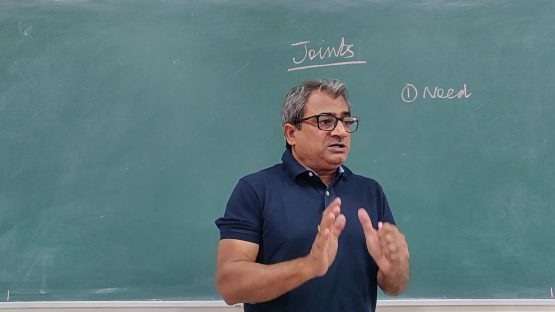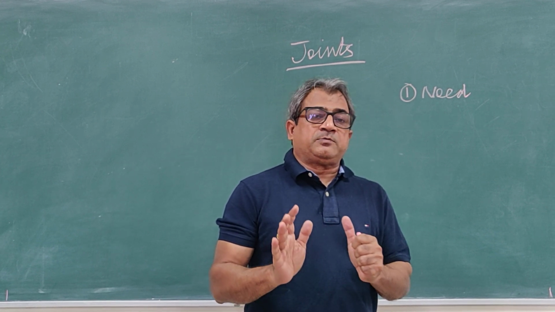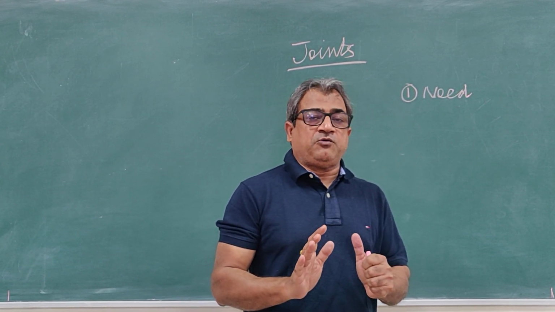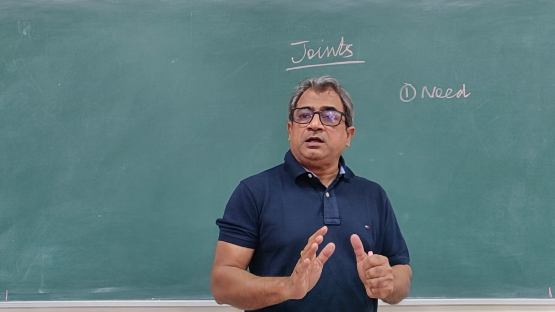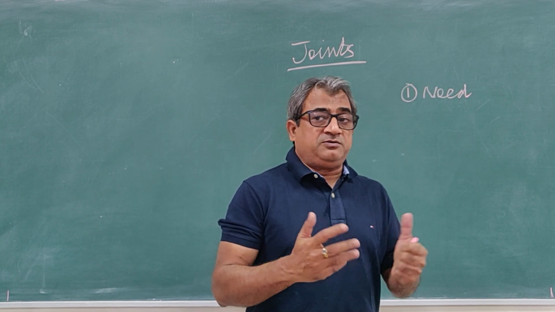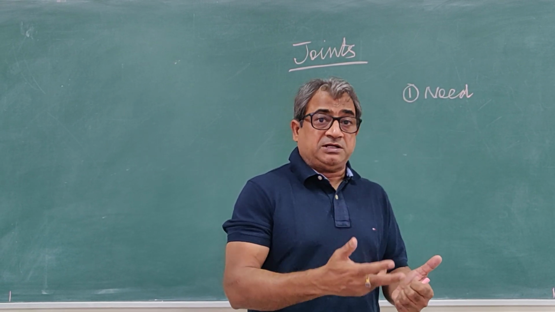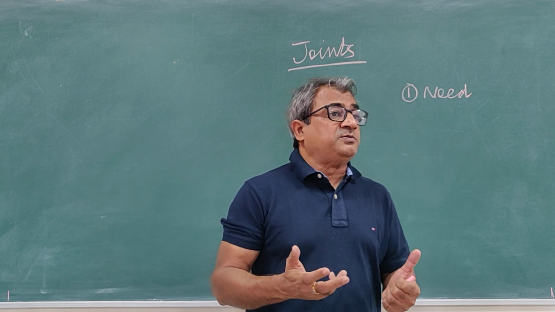So it's not just the bony tissue. There are cartilages involved, fibers involved, and a complex network of blood vessels and nerves to provide nourishment and to take the information from the joint.